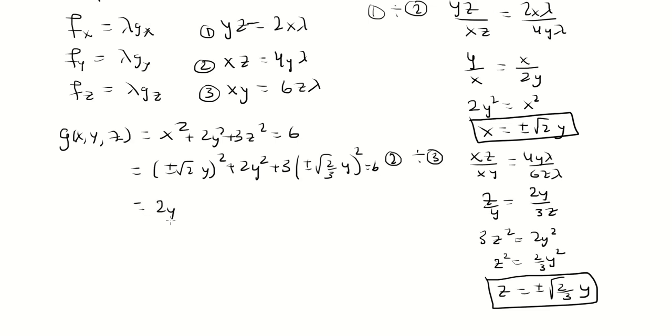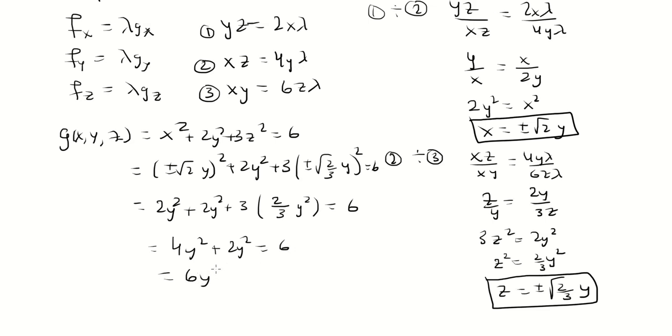So that's 2y² + 2y² + 3 times 2/3 y² equals 6. So it's 4y² plus 2y² equals 6. 6y² equals 6, and so y² is 1, which means y is plus or minus 1.